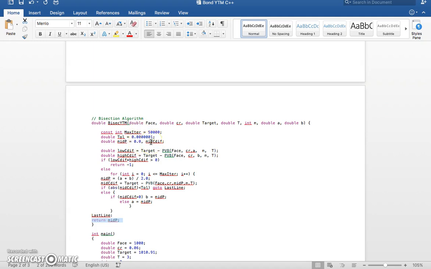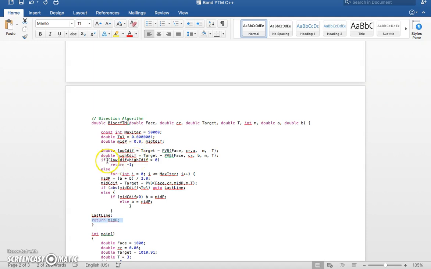And then we're saying that mid CDF, we're declaring it as double also. And we can see down here that that's equal to the difference between the market price of the bond and the present value, where we're using the face, the coupon rate, the average of A and B, the frequency, and the maturity. Okay, so we set out this estimation.